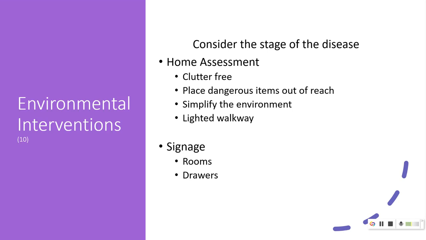So you might want to label the room, like this is Karen's room. This is the bathroom. I might want to put in the drawer that these are my t-shirts, these are pants, and not making it real lengthy. Just one word: shirts, pants, dress, whatever.